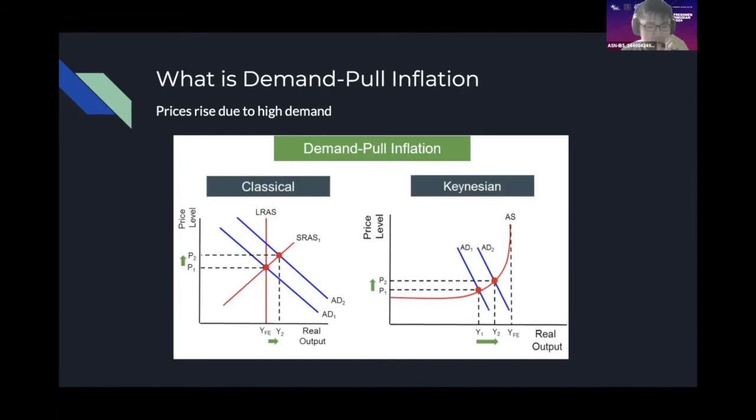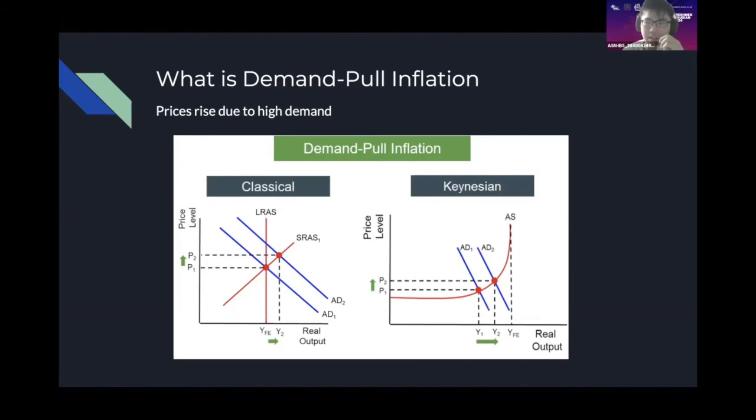The classical is where you have the optimal inflation, where the output increases, which in turn makes the price increase as well.